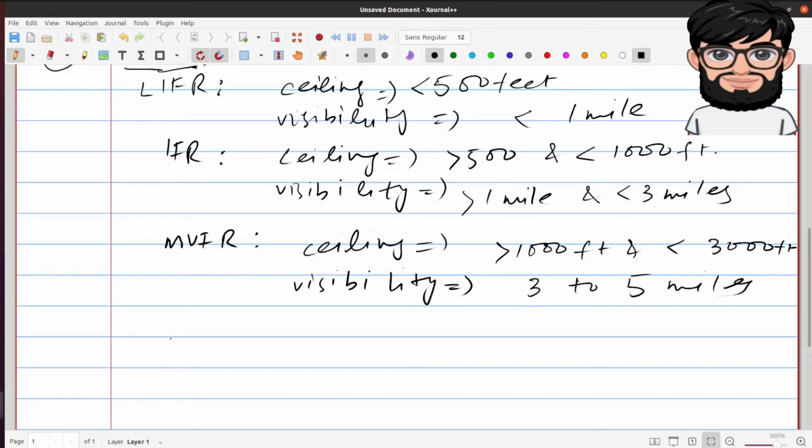And the last thing, which is VFR, is ceiling greater than 3000 feet, and the visibility is greater than 5 miles.